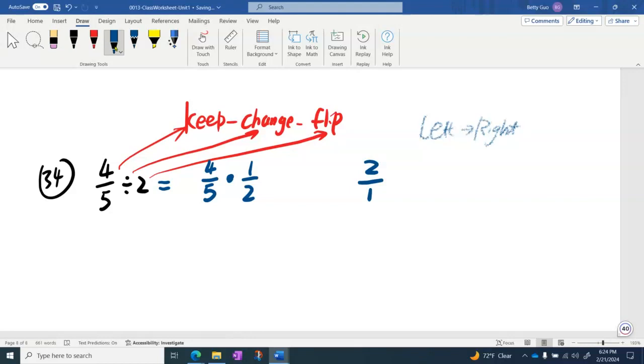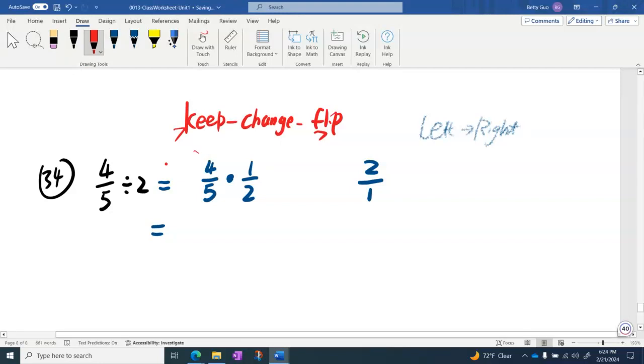So now we have 4/5 times 1/2. The division of two fractions becomes multiplication of two fractions. And we already went over the methods to multiply two fractions. Look at this diagonal, butterfly method or bow tie method. On that diagonal, 4 and 2 have common factor 2, right?